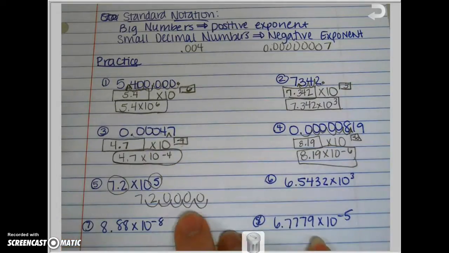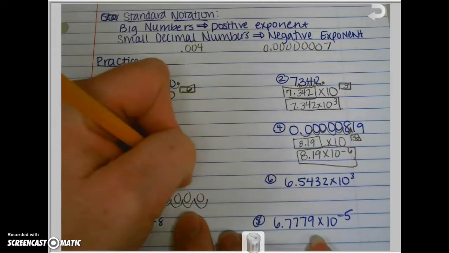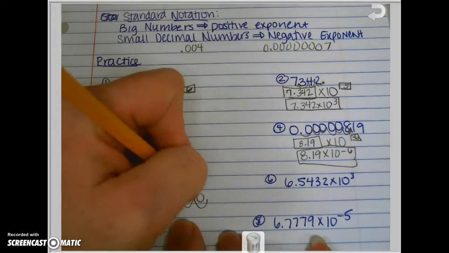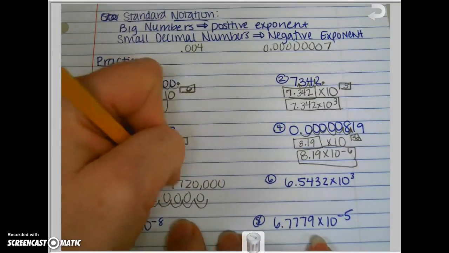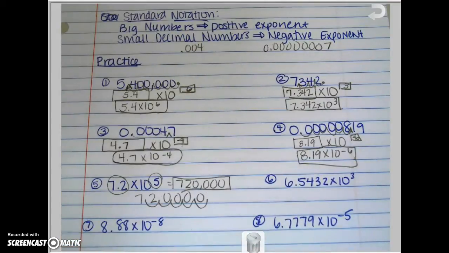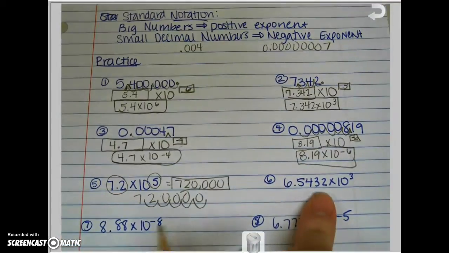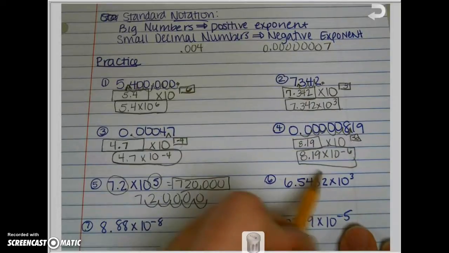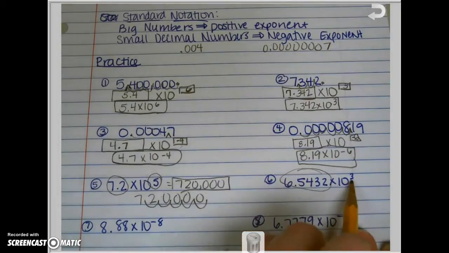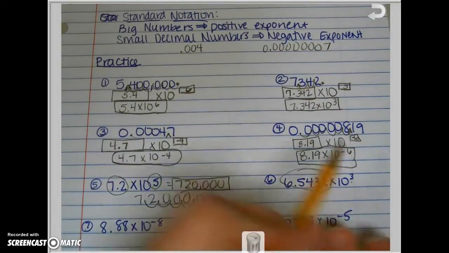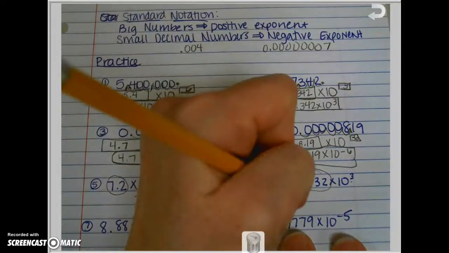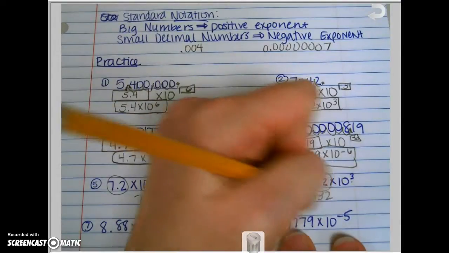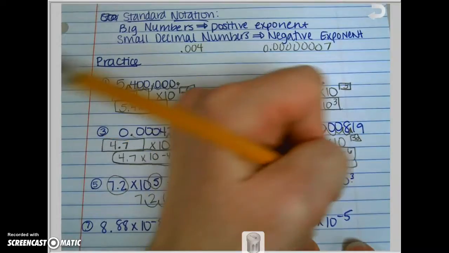And then I'm going to rewrite my number, which would be 720,000. Over here, same thing. Start with my base. I'm moving my decimal 3 times because the exponent is a positive 3, so I'm making it a larger number: 1, 2, 3.